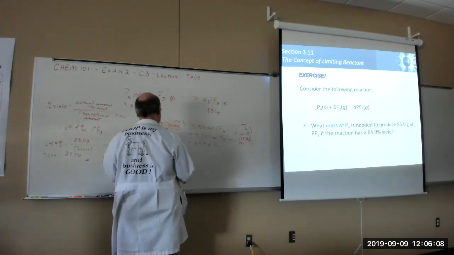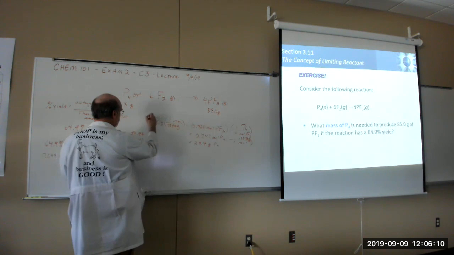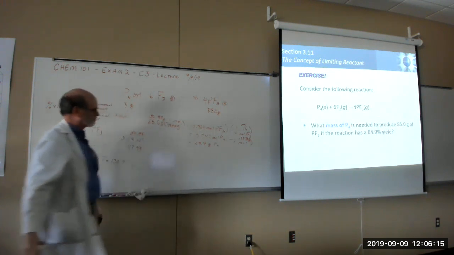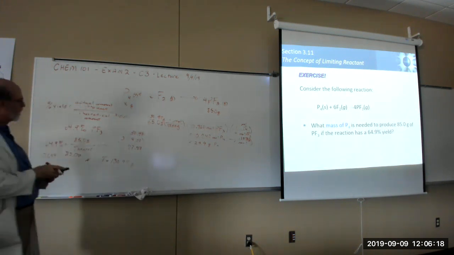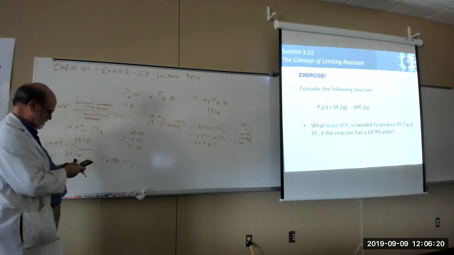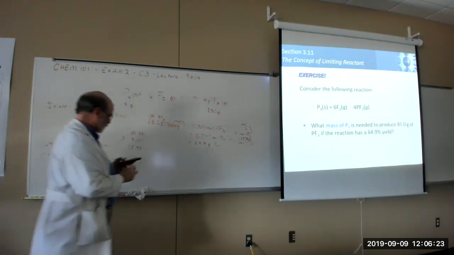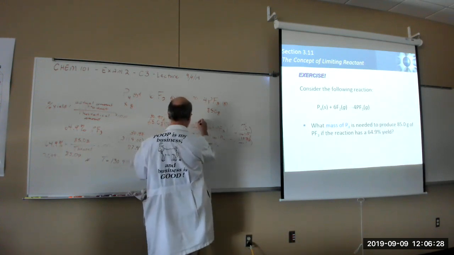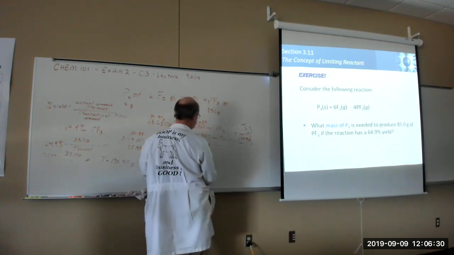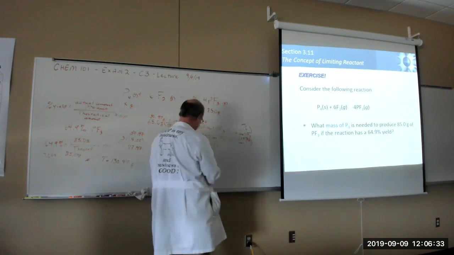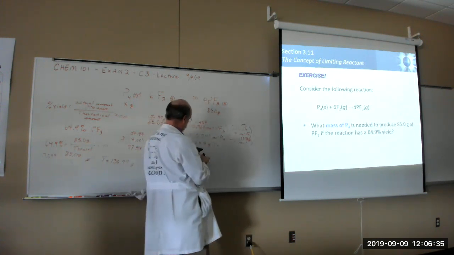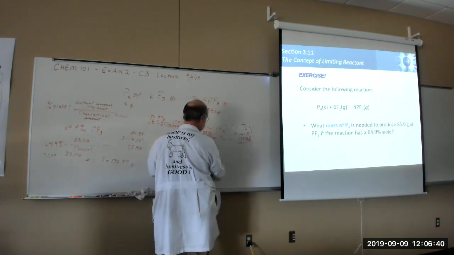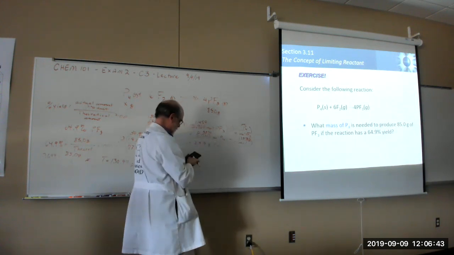So the calculation we need is 130.97 here divided by 87.97. So that's 1.489. And then divided by 4 is 0.3722 times 123.88.